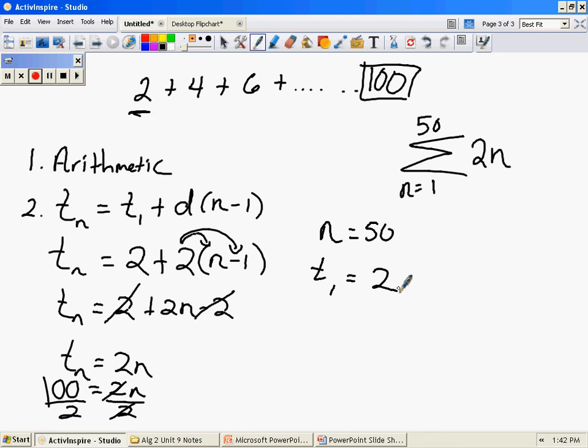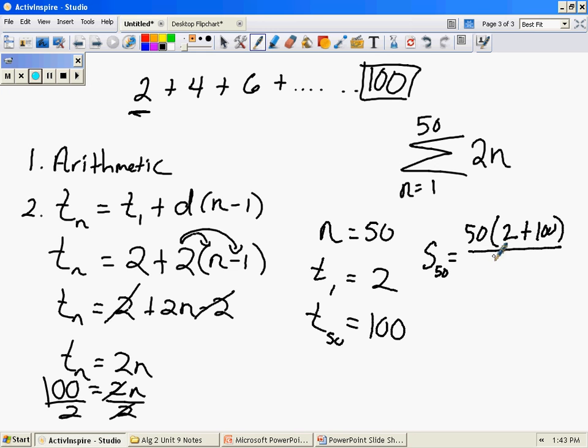And then we could find the last term, which is the 50th term. Once again, you could plug it in, or you could just look up here. What was my last term? It's 100. So we've got our three numbers we need. Just plug it into the summation formula. So the sum of the first 50 numbers would be, from 1 to 50, n plus T1 plus T50 divided by 2.